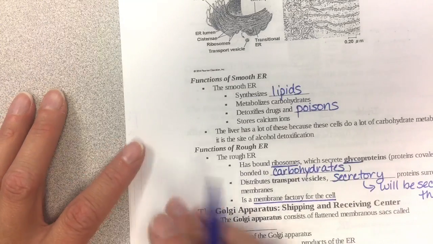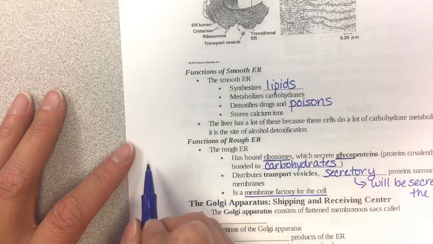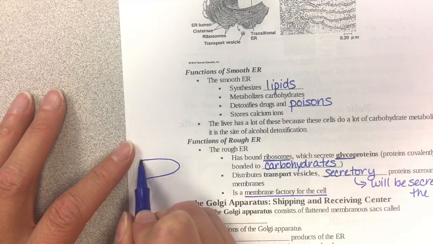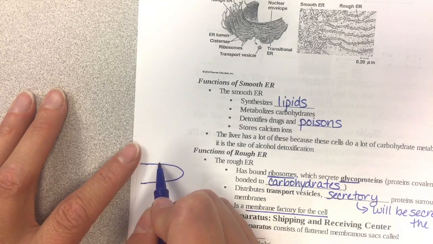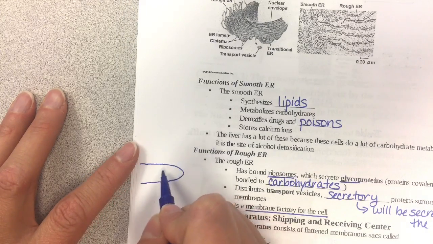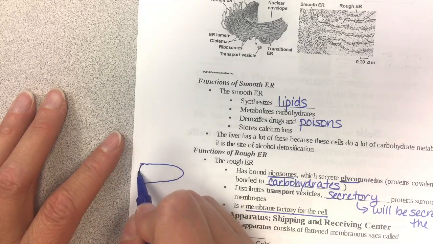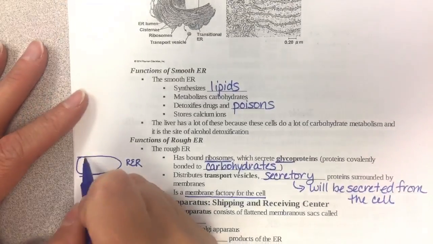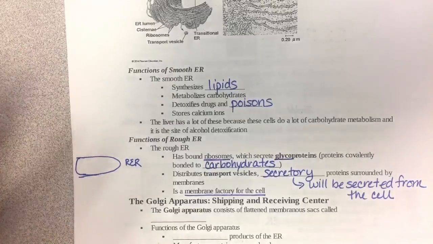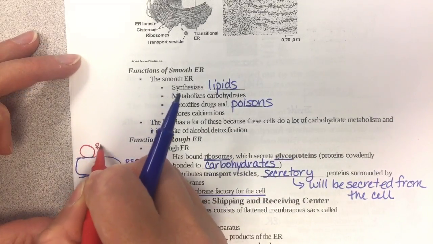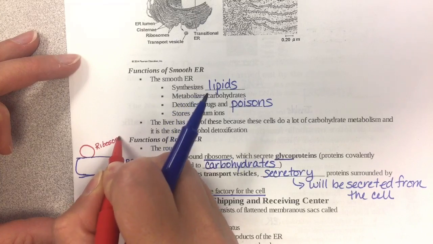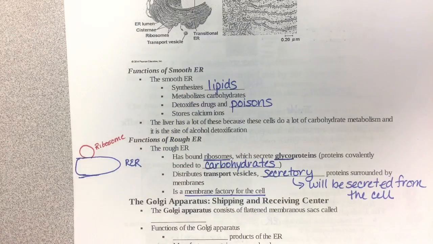Let's look at, I'm going to go over here and draw a cross section of your rough ER. So this is your rough ER, and let's draw a ribosome attached to it. So this is the ribosome. I'm drawing it kind of big. It wouldn't be that big compared to the rough ER.